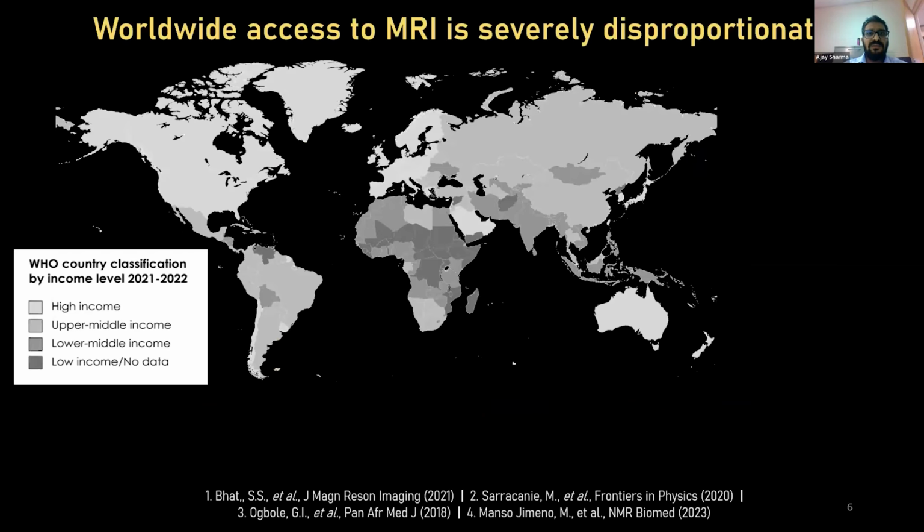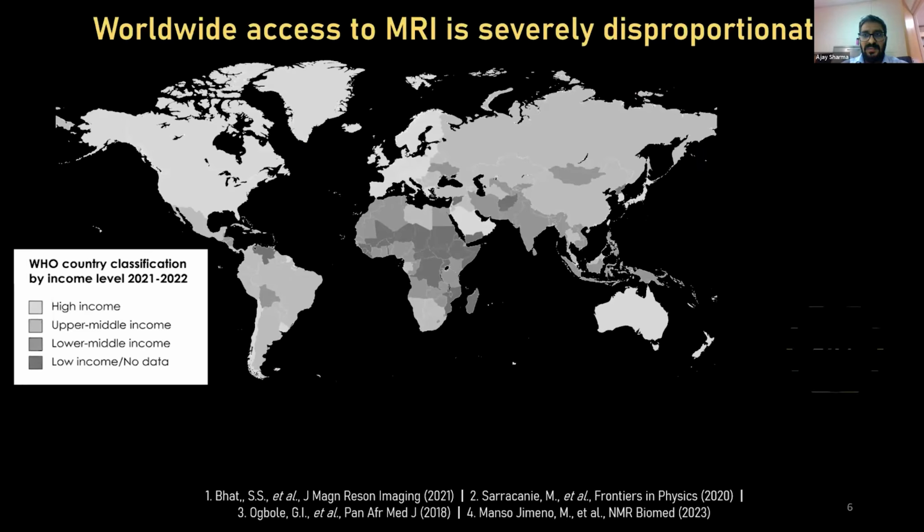Worldwide access to MRI is severely disproportionate. In high income countries MRI is accessible, but in low income countries it is not that accessible.